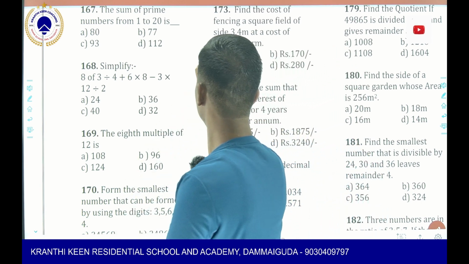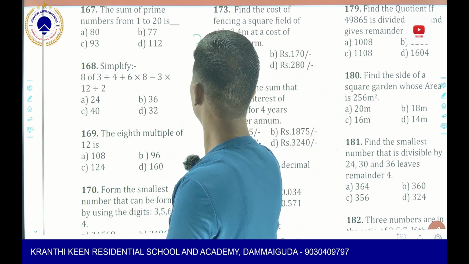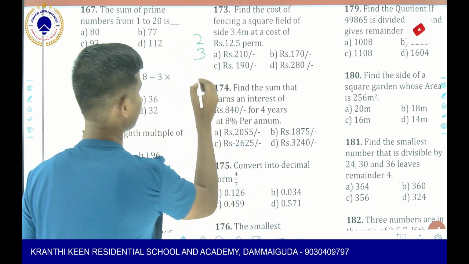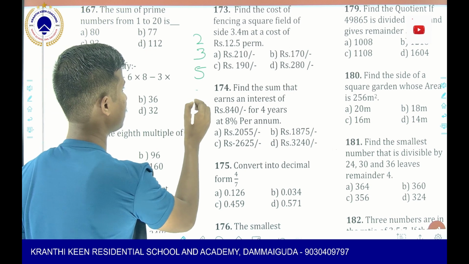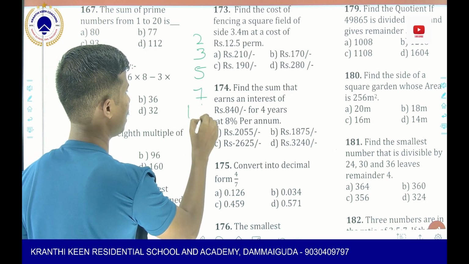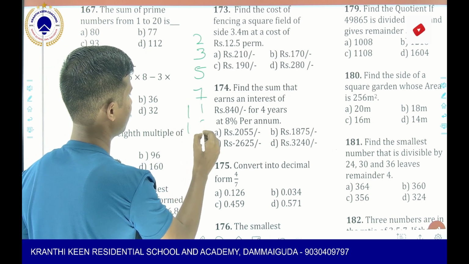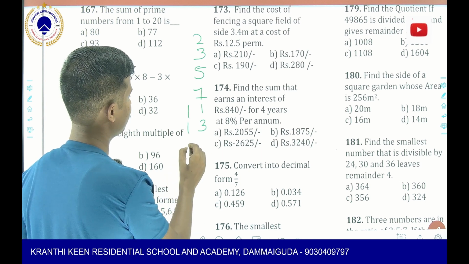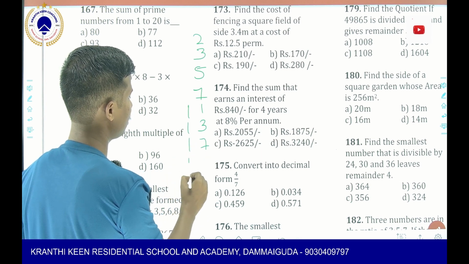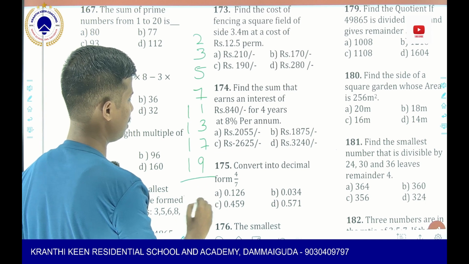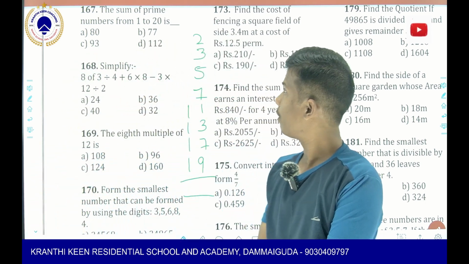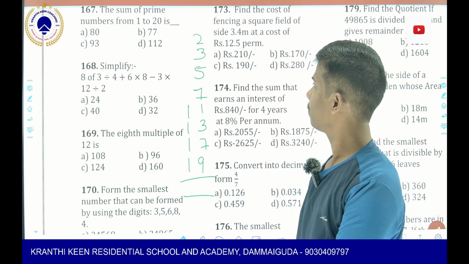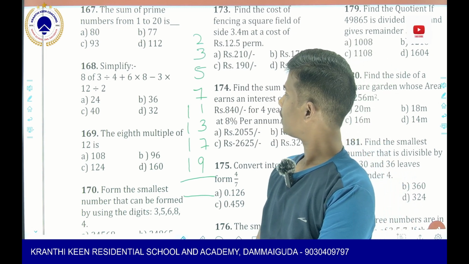What are they? 2, 3, 5, 7, 11, 13, 17, 19. These all are prime numbers from 1 to 20. Is there any number missing? No, I think. Okay, you add it.